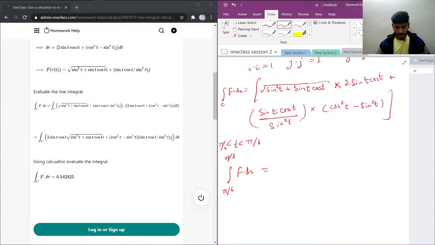This will be in the bracket, this whole term. Then we have plus, and then we have another bracket open, and in the bracket this will become cosine over sine.